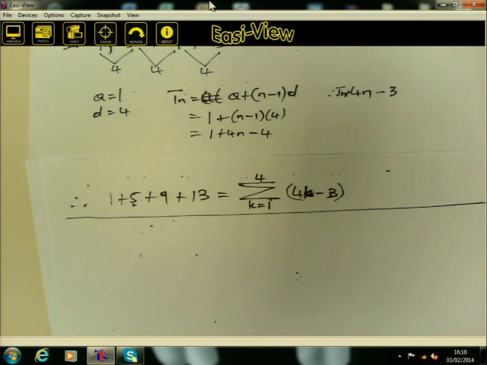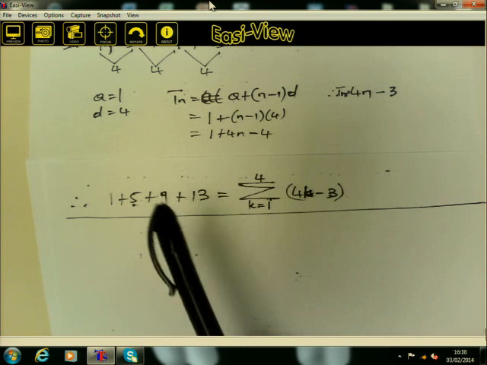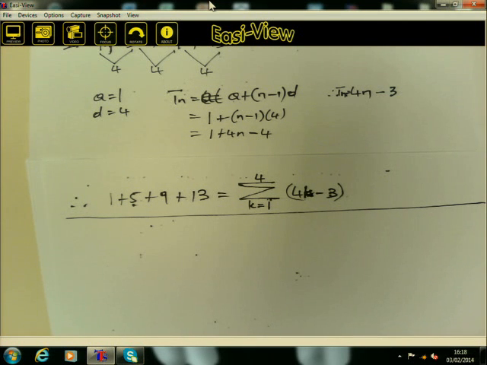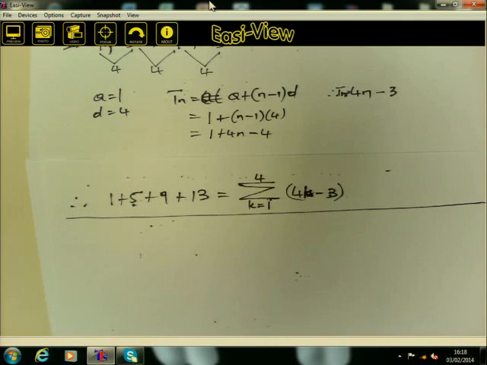So the other way around, you must be able to expand from there up to that one. Right. Since now we have already run out of time, it would be good to visit all the question papers that were written in the previous years, and then do the exercises on arithmetic sequence and series.